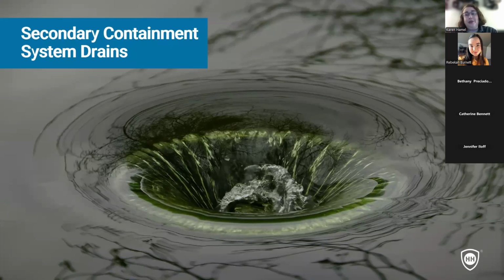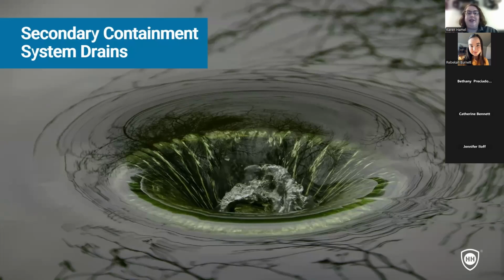And nobody's going to sit there and watch that valve for 2 hours or even longer until it is drained out. So what do we do? We leave it and we intend to come back and close that valve. And sometimes that doesn't always happen. And this is something that regulatory agencies and inspectors look for when they come to facilities. They're going to check that secondary containment system, especially outdoors.